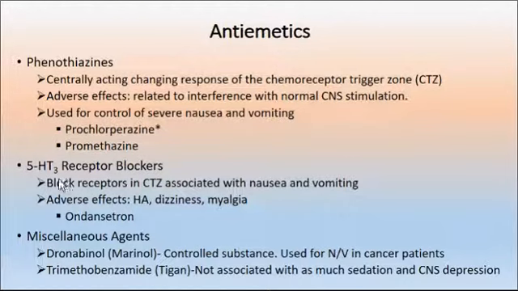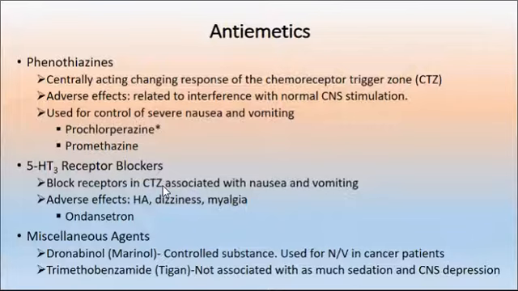Your 5-HT3 receptor blockers: skip your non-promethazine, that's your metoclopramide or Reglan, which we already talked about, because it can be used for nausea and vomiting. For your 5-HT receptor blockers, just focus on ondansetron, which everybody knows as Zofran, for severe nausea and vomiting associated with chemotherapy, but it's also been used postoperatively and for other times of nausea.